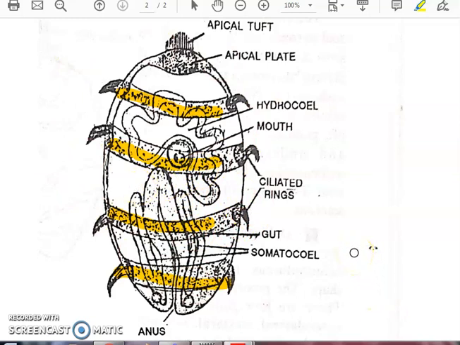In this, metamorphosis takes place gradually during free swimming life. And tentacles appear earlier than the functional tube feet. When this larva starts metamorphosis and changes into the adult form, it is called the pentacula larva at that stage of life.